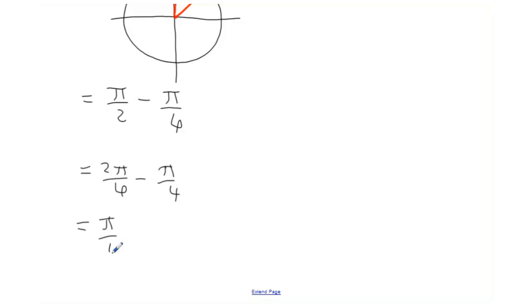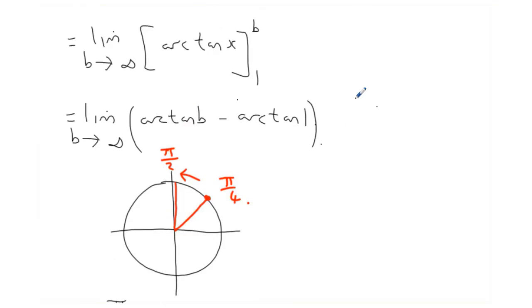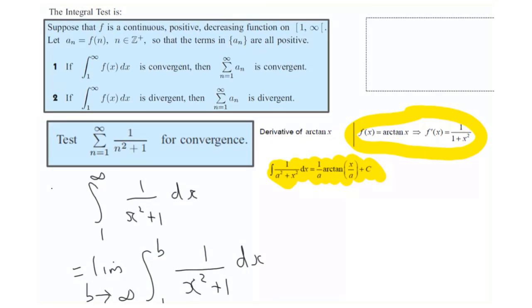Now, it doesn't actually matter what it converges to. Remember what we're doing. We're using the integral test to see if the series converges or not. So if we just go back up, now we know that the integral converges. That is enough to tell us that the infinite series also converges.